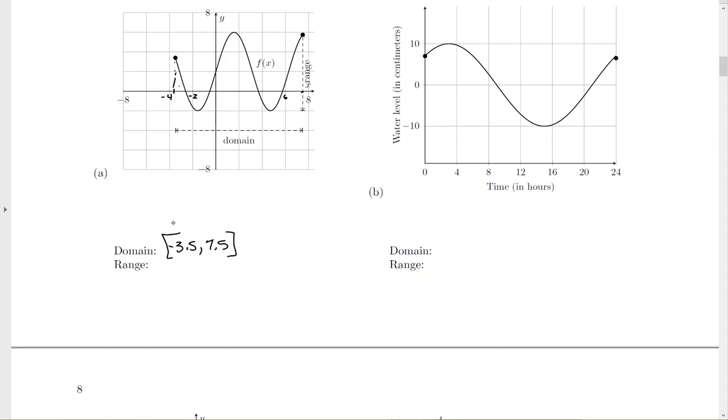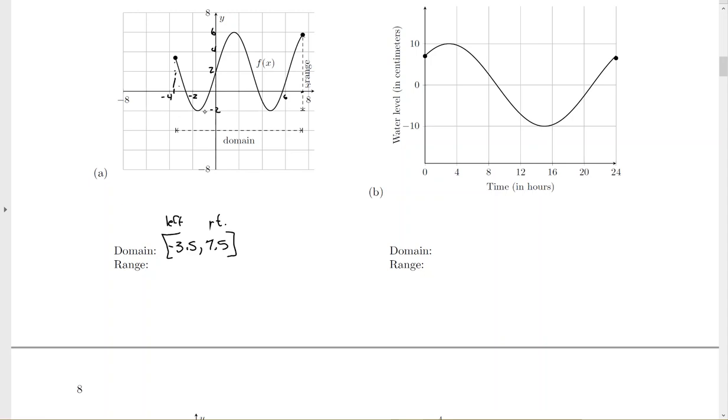So the domain goes from the left to the right. The range goes from the lowest to the highest. So we're using the y-axis to determine this. So the lowest y value, again, watch your scale. This is -2, -4, -6, -8. And then 2, 4, 6, 8.